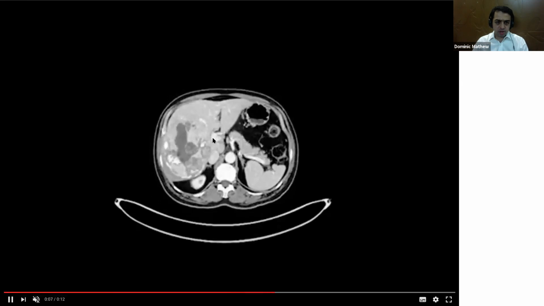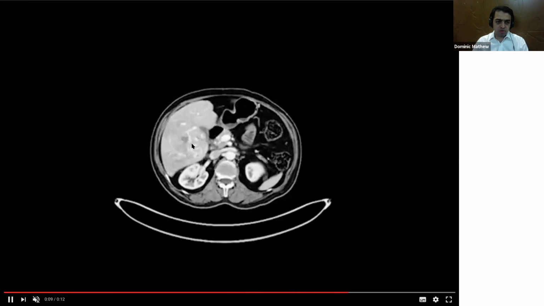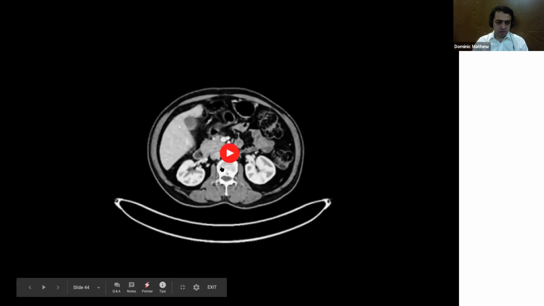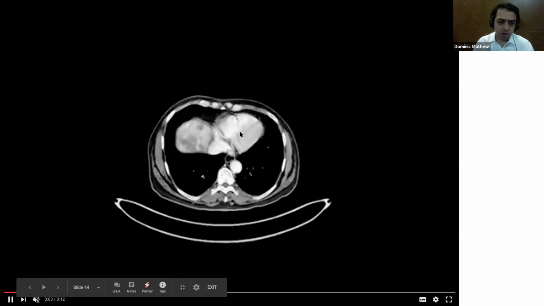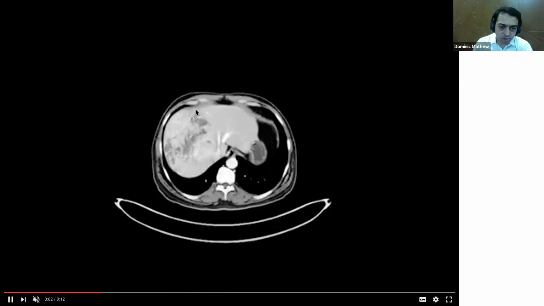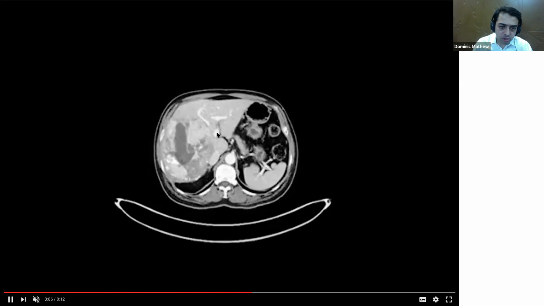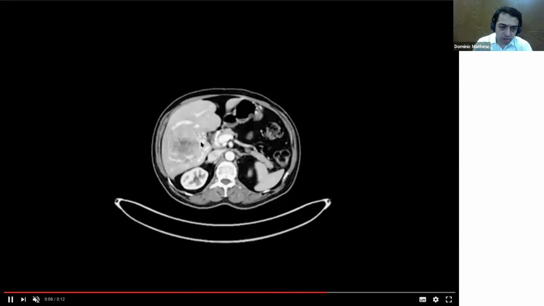You can trace the right portal vein with no forward flow. I'll just play that again. So the portal phase CT, the tumor. You can trace the right portal vein and it's ending there.